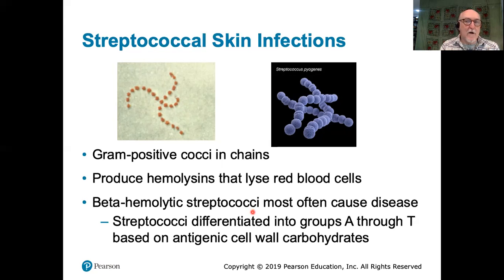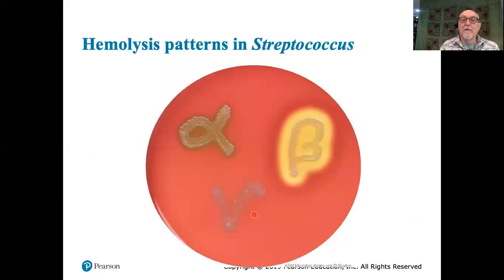They have very complex capsules, and the components of the capsules are actually part of the disease profile. So first of all, let's have a look at the hemolysis. There are two different kinds of hemolysis recognized in bacteria.